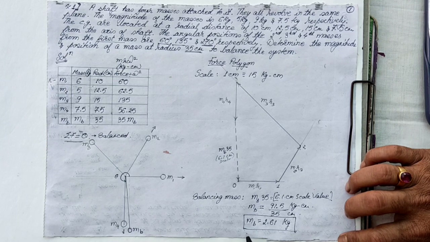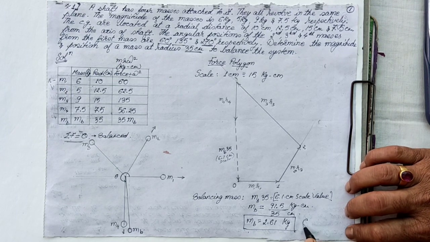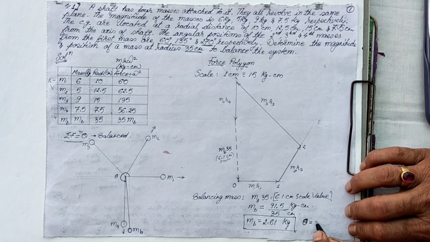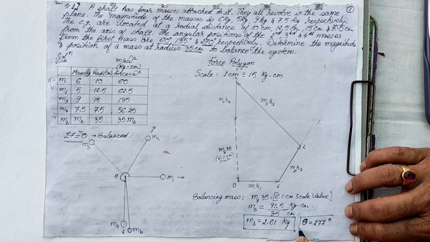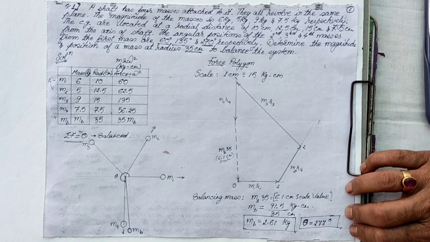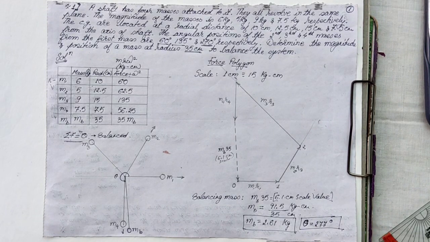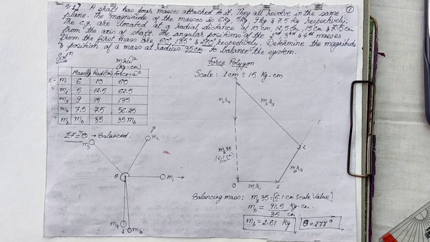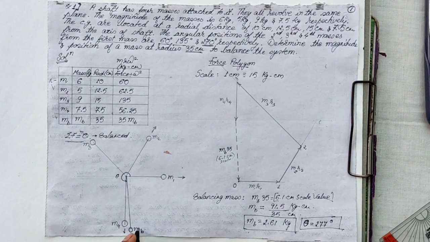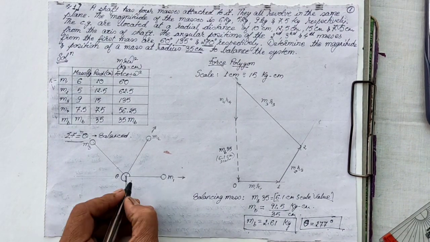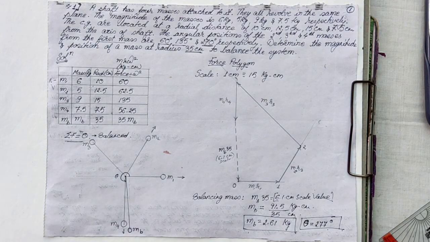This theta, measured with reference to mass 1, is coming out to be 277 degrees. So if we place a mass of around 2.6 kg at radius 35 in this phase, the system will be balanced.